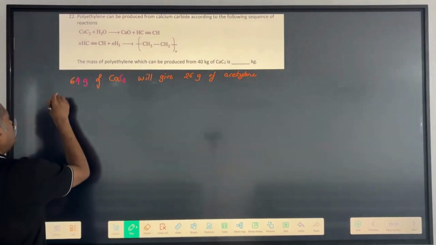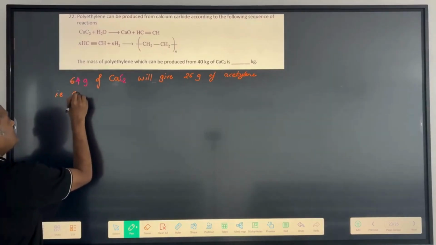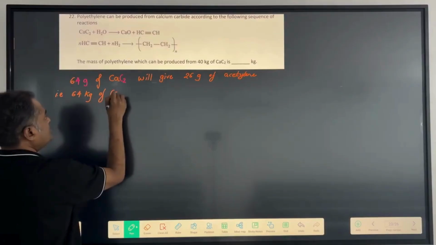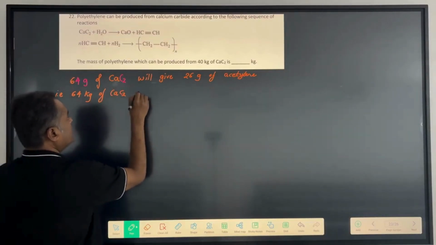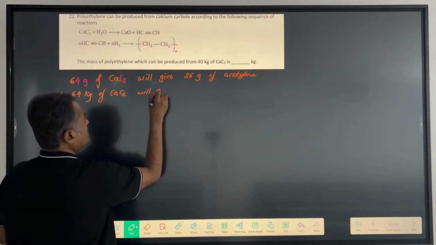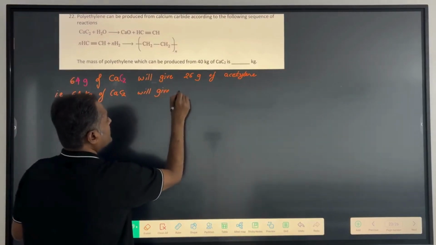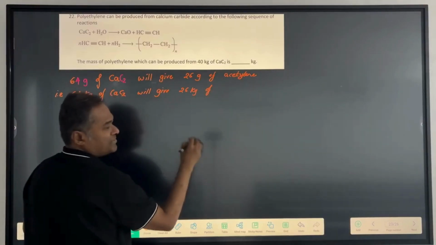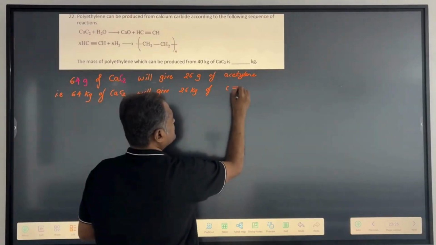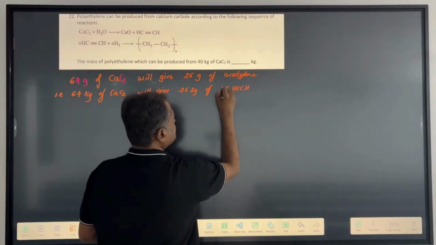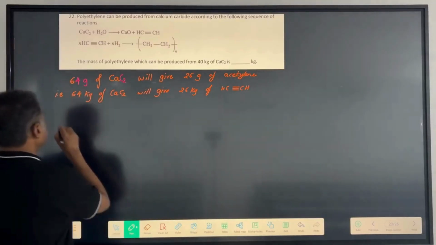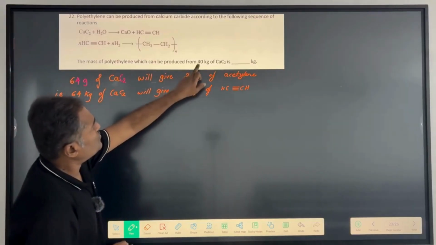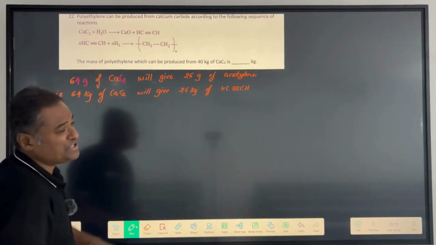Now that is 64 kgs of calcium carbide will give 26 kg of acetylene, which is one and the same. Therefore, now what they have given, 40 kgs of calcium carbide.